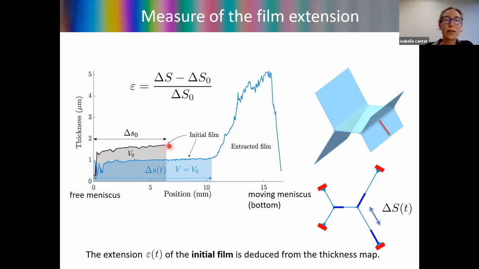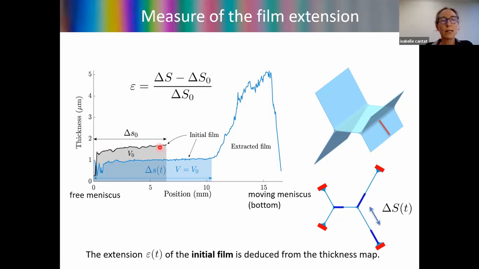And that's the initial position of the film, which is of relatively uniform thickness. And then we stretch it, and we recover the same volume in this domain, which means that the boundary of the initial film is exactly at this frontier. And it is actually consistent with this strong increase of the thickness, which corresponds to the extracted Frankel films.